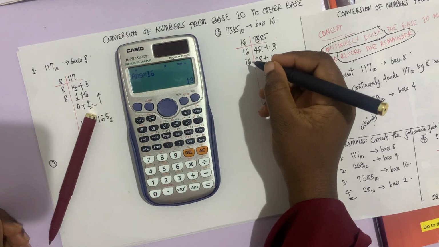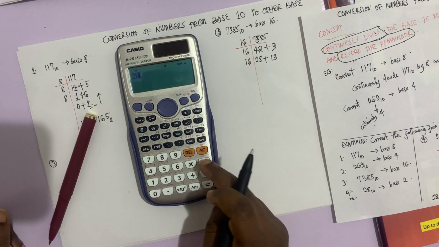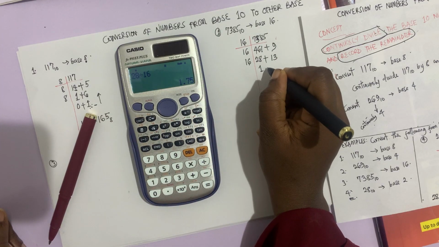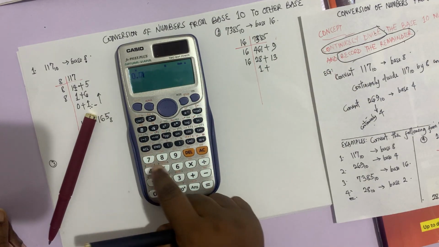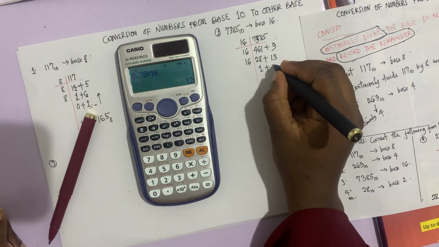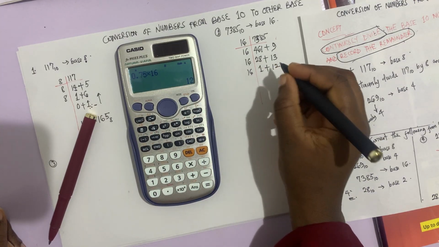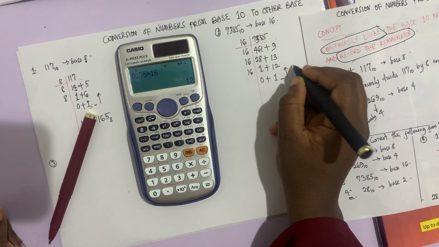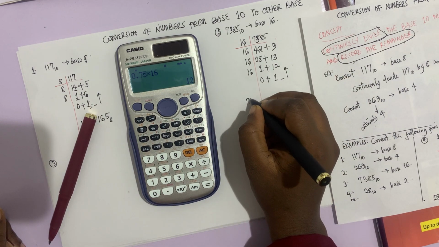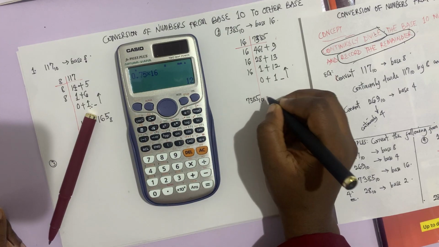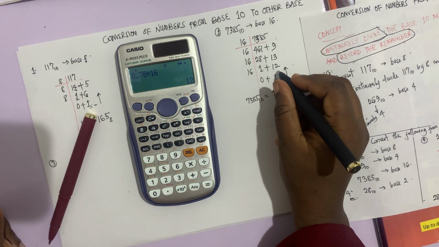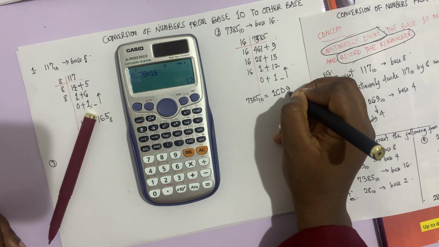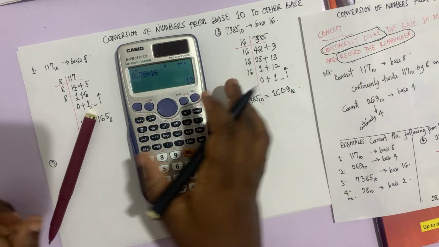So further divide by 16, so do 28 divided by 16, and that will give us 1 whole number, 0.75 times 16, remainder 12. So 1 divided by 16, it won't go obviously, and the remainder will be 1. We then record this as 7385 base 10 would be 1. 12 in base 16 is C. 13 in base 16 is D. And then 9 in base 16 is still 9. So we have our final answer.